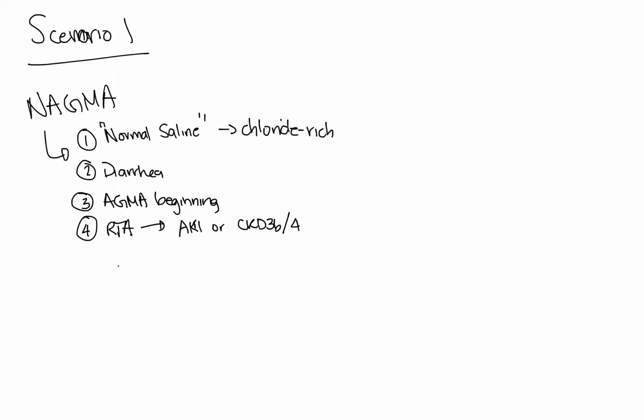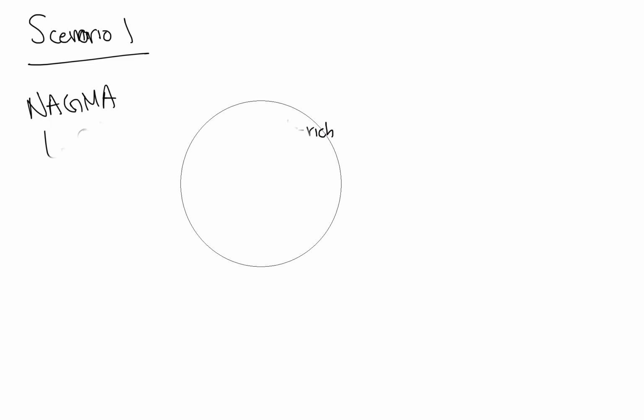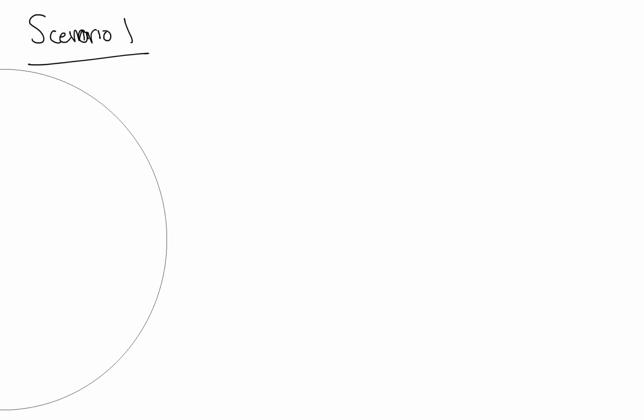Okay, so we're not really going to talk about number 4, but we do want to speak about number 3 because this is a good segue into our next topic about in scenario 2 about AGMA. So why is it that AGMA metabolic acidosis leads to a non-AGMA metabolic acidosis in the beginning?